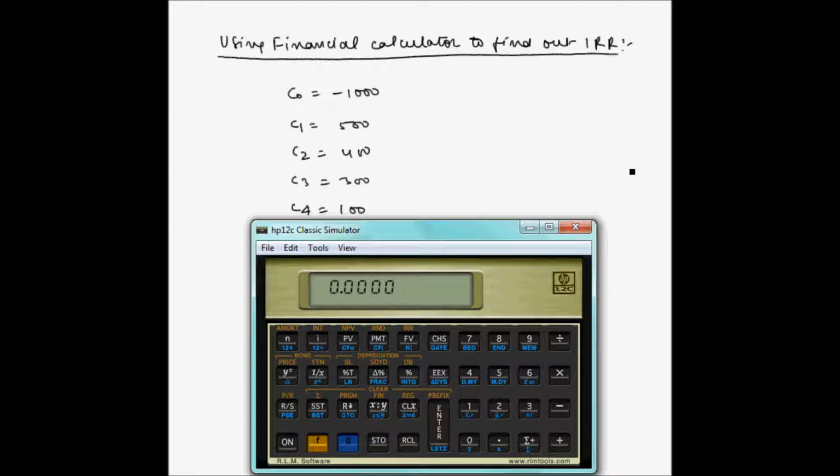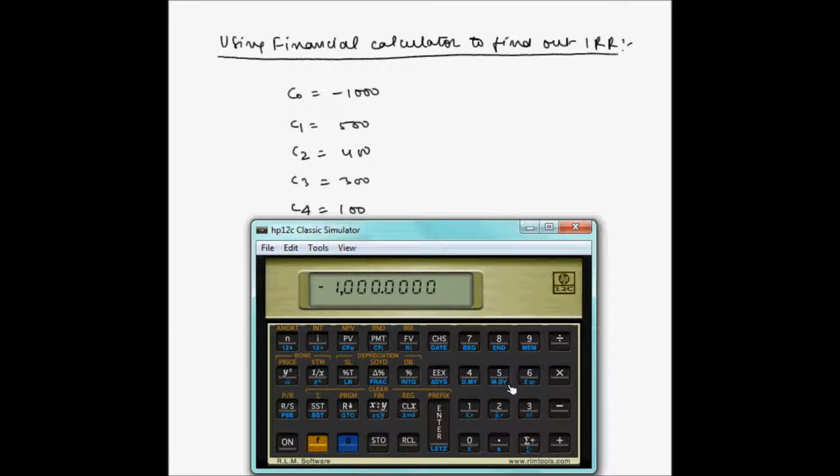So first we'll enter the value of CF0 or C0. So 1000. Now this is negative, so we'll change the sign. Now we have to make the calculator aware that this is the value of CF0. Now CF0 is written in blue, so we have to press the blue button here, G, to activate that button, and then we'll press CF0.